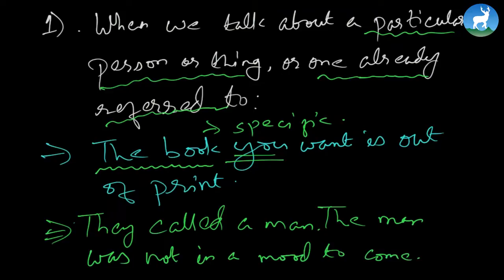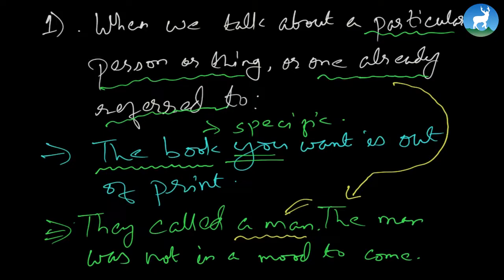Don't be mistaken here by the or a. In the first sentence, they called a man. Any man has been called. But look at the second, which precisely talks about the second part of the definition: one already referred to. So this man has already been referred to. They called a man, so a man was called, but then when the sentence continues, the man, because the man is already used here, that's why the man was not in a mood to come.